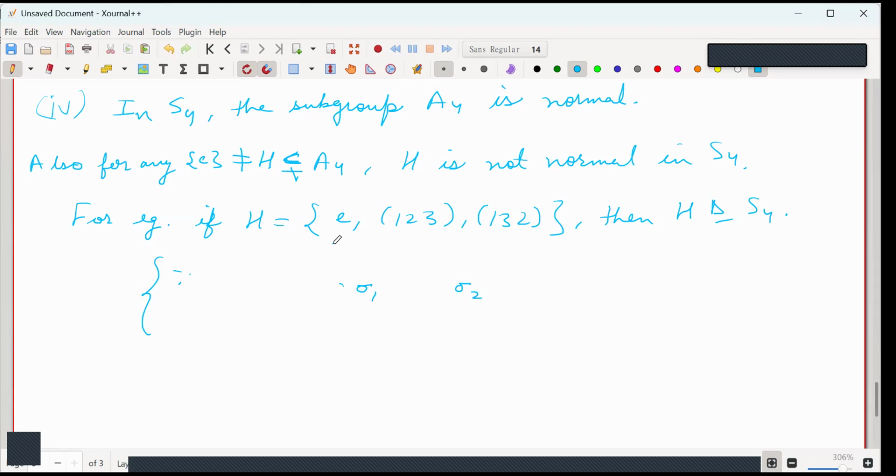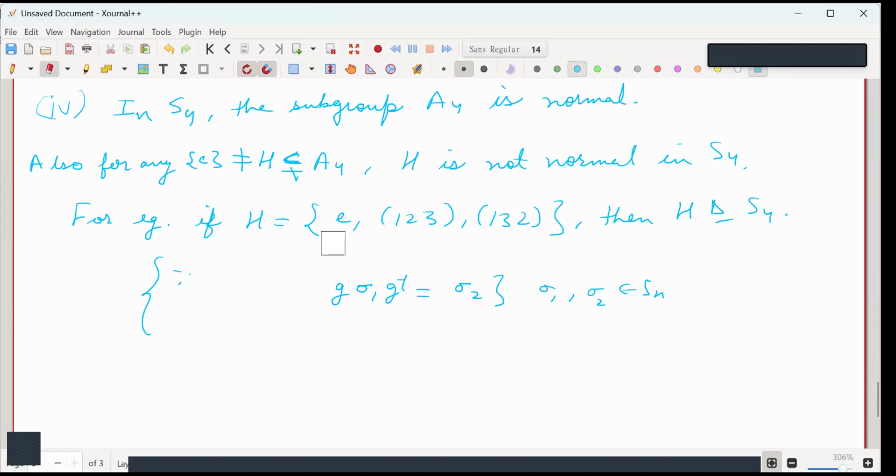Then there will definitely exist G such that G sigma 1 G inverse is sigma 2, when sigma 1 and sigma 2 are inside Sn. This is not true for An. Any two elements of An may have the same cycle type, but still they may not be conjugate. But for Sn, this is always true.